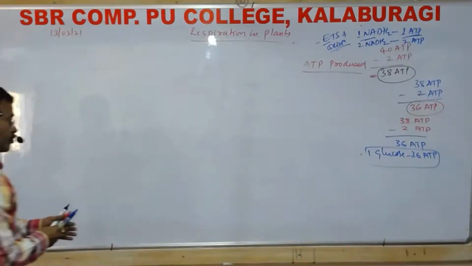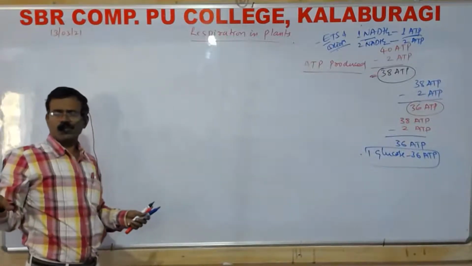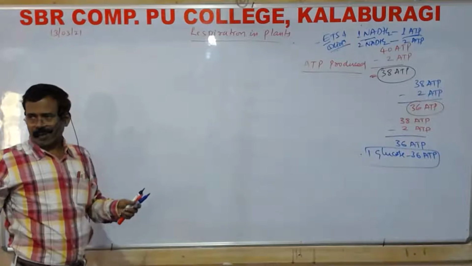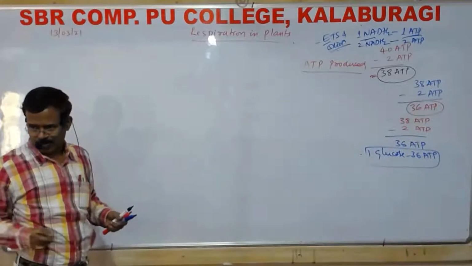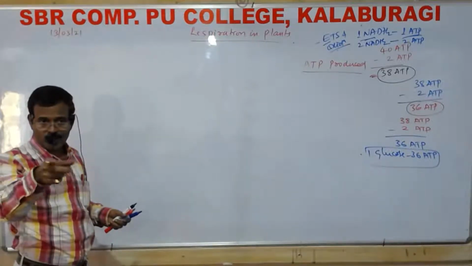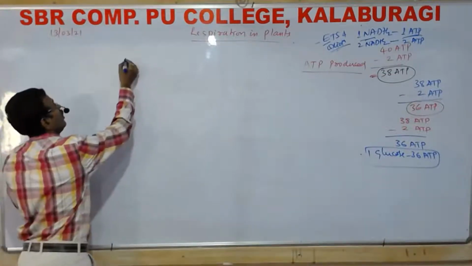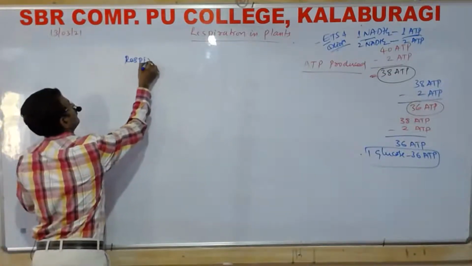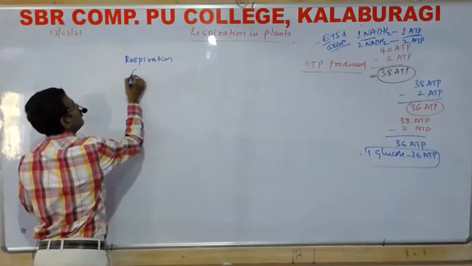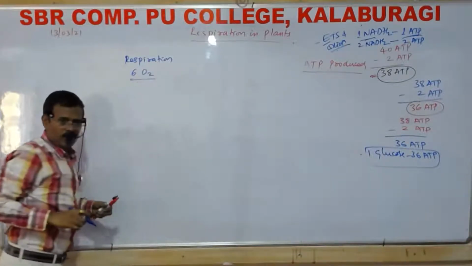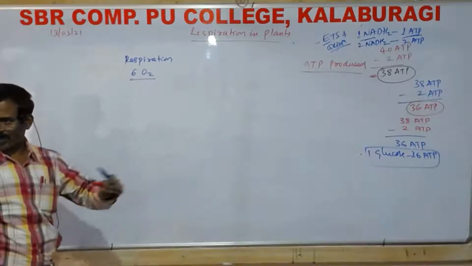Listen. In the previous class, I told the calculation of 6 carbon dioxide releases, and in which steps carbon dioxide is released. Now, in respiration, how many oxygen will be used? 6 oxygen will be used as per the respiratory reaction.